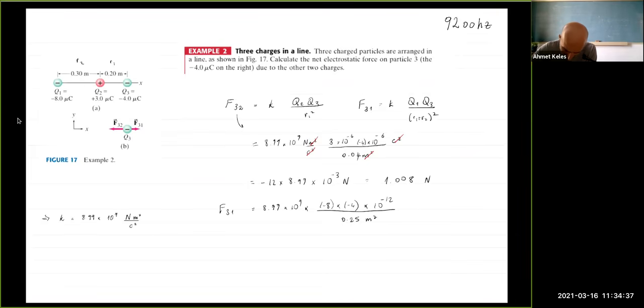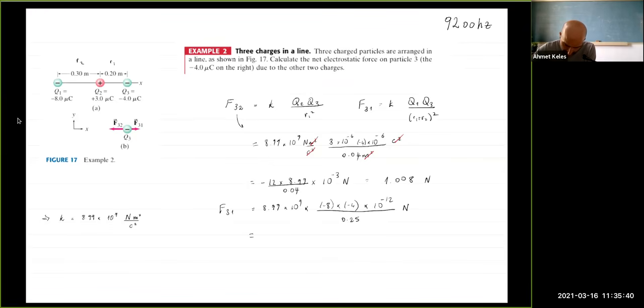Okay, the total unit is going to be, I know now, Newton. Okay, I forgot 0.04 here. So nobody fixed my mistake. I'm kind of disappointed, but that's fine. So I fix my own mistake.